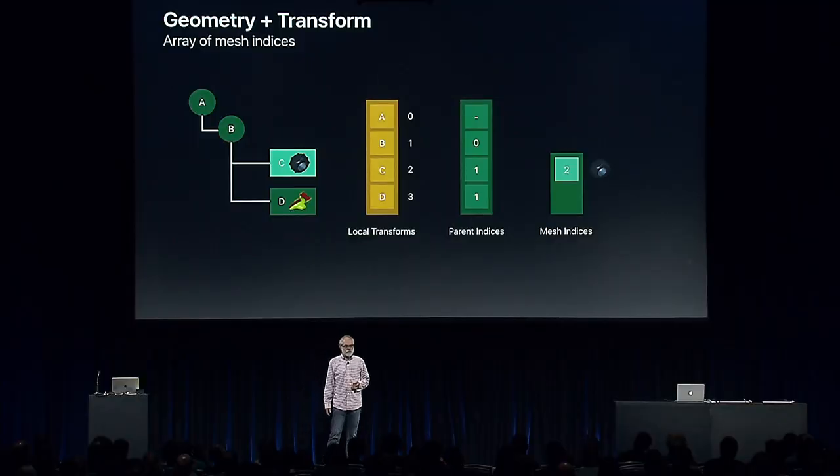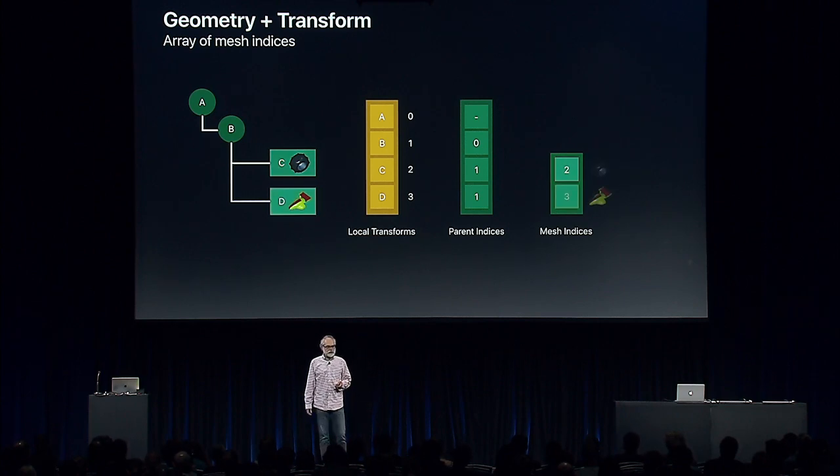The body is also parented under that node. So we've encoded a graph. Finally, we're going to want to be able to tell the engine what to draw. So we're going to draw a wheel, which is at index 2, and we're going to draw the body, which is at index 3. So we've described our scene in a way that's really easy to write out.